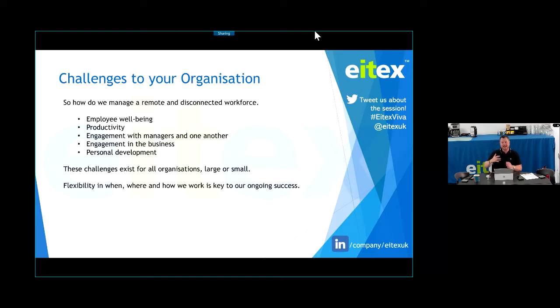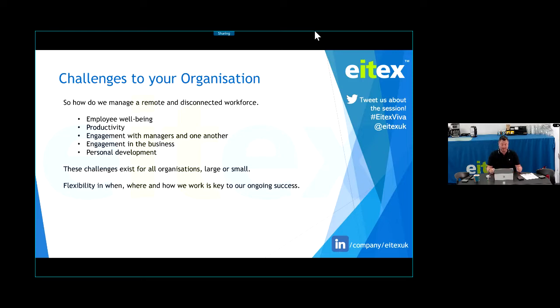How do you manage engagement with those people, with your line managers, and with one another as well? How do you know what's happening in your organization when you're working from home? And also personal development, learning new skills, developing people, taking on new employees and inducting them. How is that all managed?